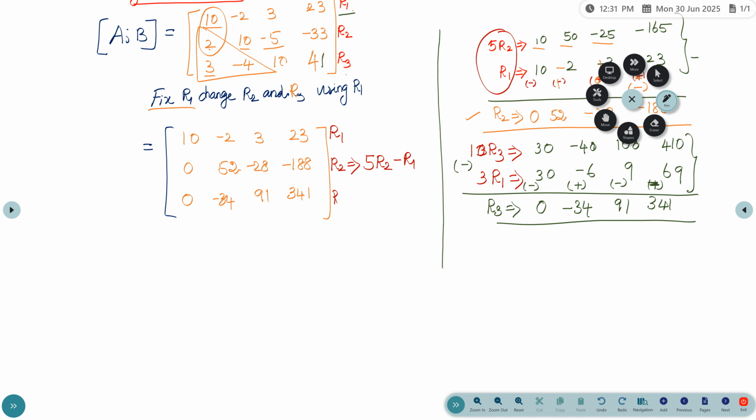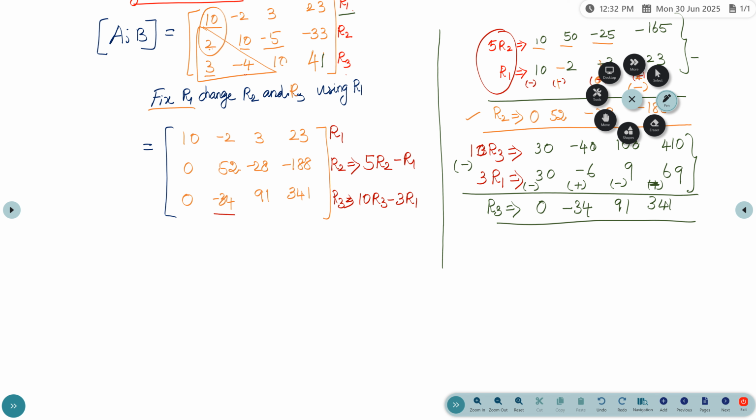We get it by 10 R3 minus 3 R1. Out of these three elements, we converted the first two elements to 0. Now we are going to convert this minus 34 to 0. That is our second aim.